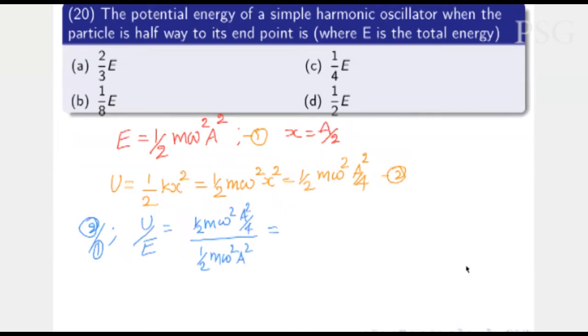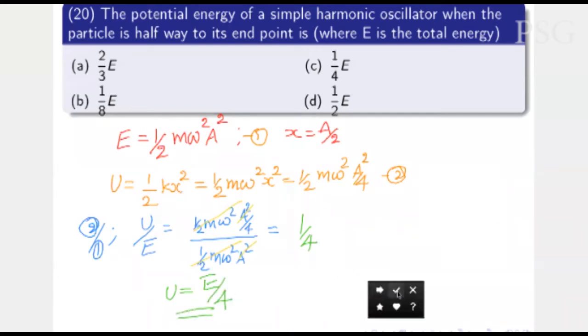So half m omega squared cancels, and also a squared. So we get 1 by 4, or you can write u equals e by 4.